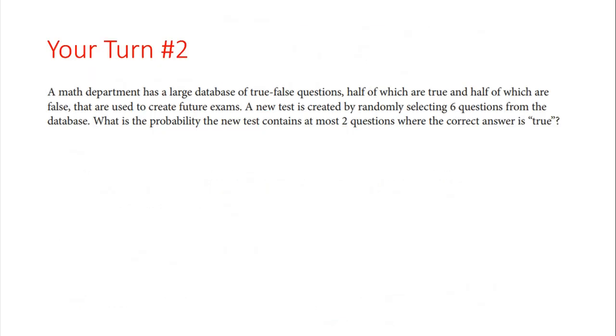Here's your turn number two. The math department has a large database of true or false questions, half of which are true and half are false, that are used to create future exams. A new test is created by randomly selecting 6 questions from the database. What is the probability that the new test contains at most 2 questions where the correct answer is true? So what you should think about is, what is my sample space?